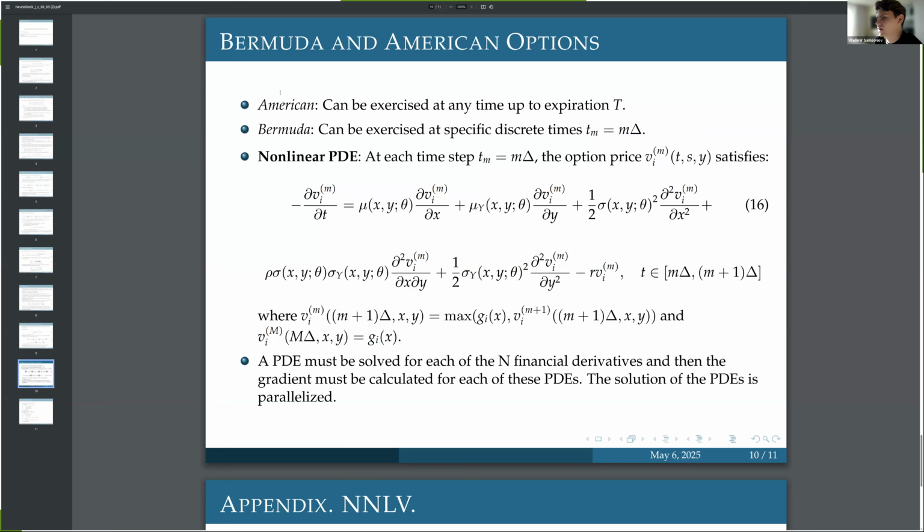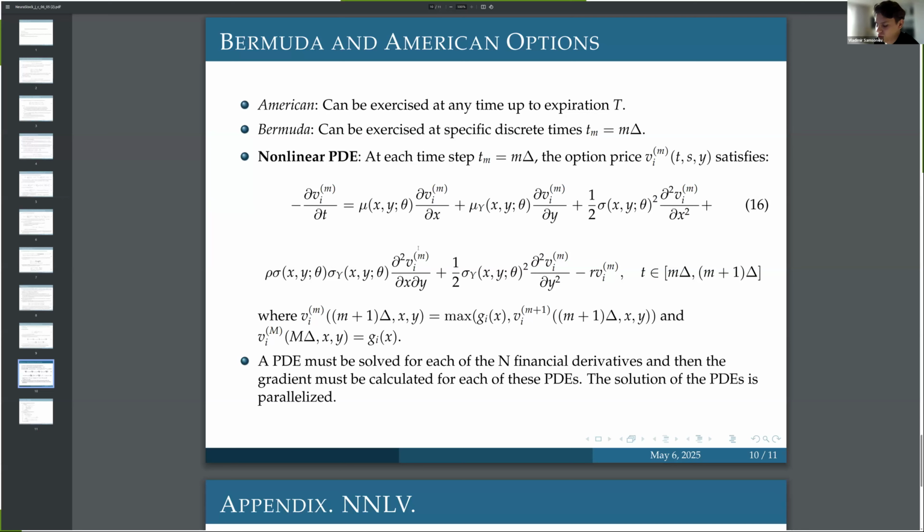For American and Bermuda options, you have two choices: you can hold it, or you can exercise it right now. And hence you get this relation for the expectation value of the payoff function.